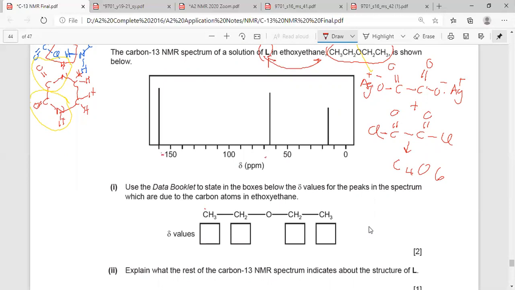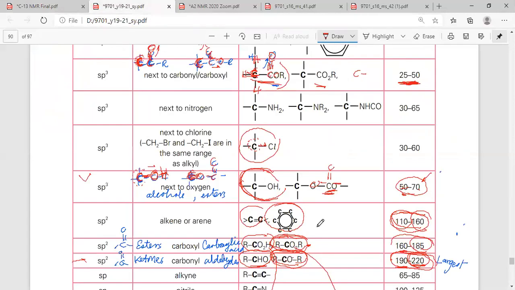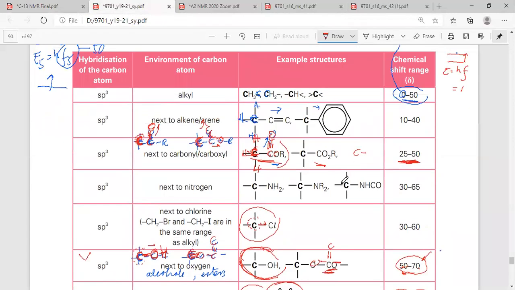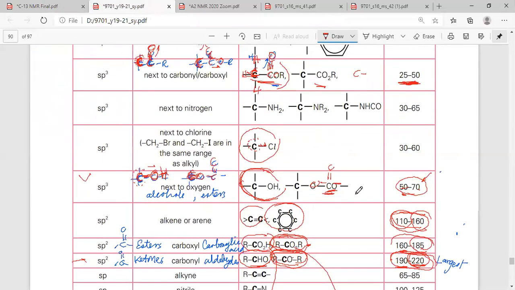First, it cannot be this one, carbon in CH3 to oxygen. Carbon to oxygen, here.